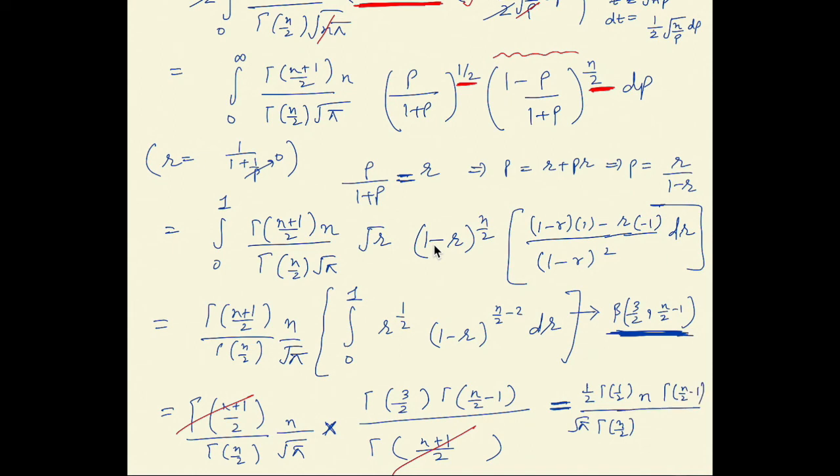In fact, we can write this gamma n by 2 to be n by 2 minus 1 gamma n by 2 minus 1. And now we have reached our final answer. So gamma half is same as root pi, and we cancel this out, and what we are left with is n upon n minus 2, which is our final answer.